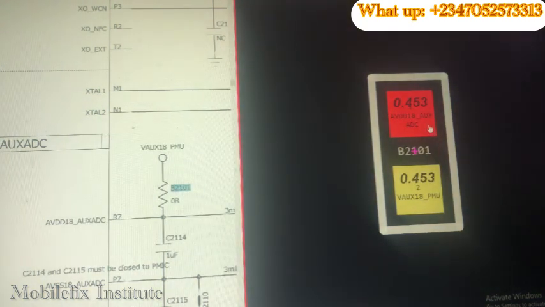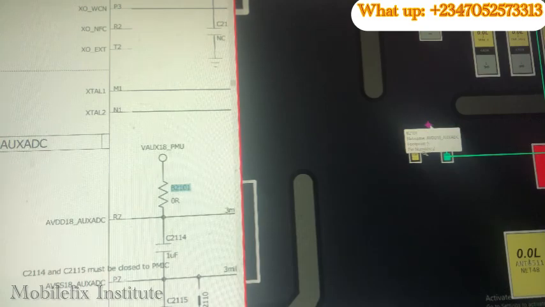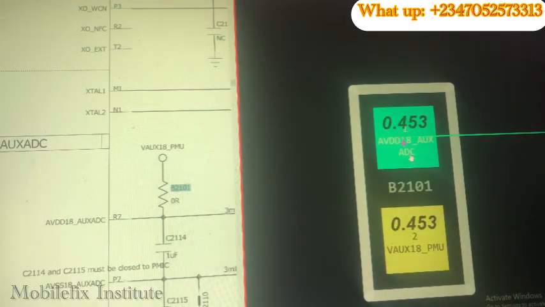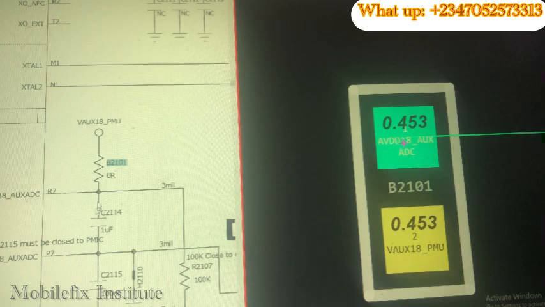This is the resistor I'm talking of. If this resistor is missing, that 1.8 volts will not be able to enter your crystal. So you have to check this resistor. If it is missing, you have to jumper it. It's 0 ohm, so you have to bridge it together. So now you must get 1.8 volts. If you don't have 1.8 volts, find 1.8 volts and jumper to this line.